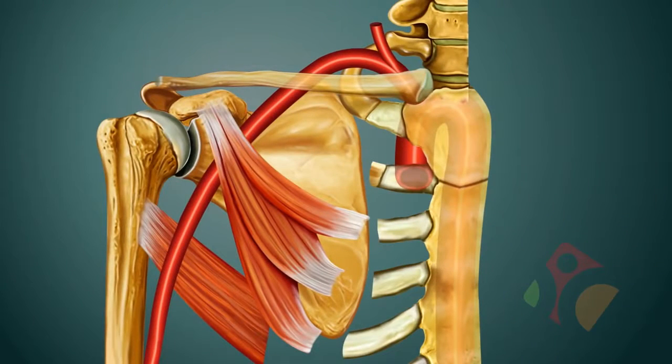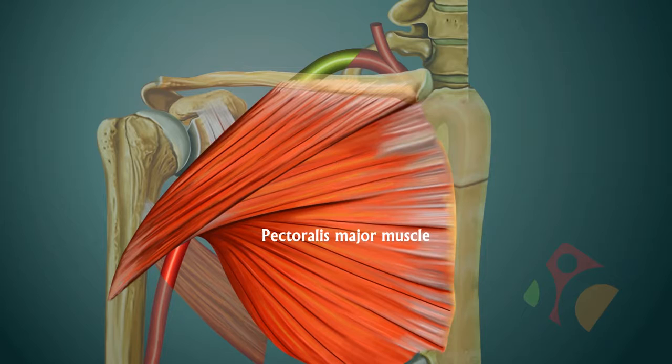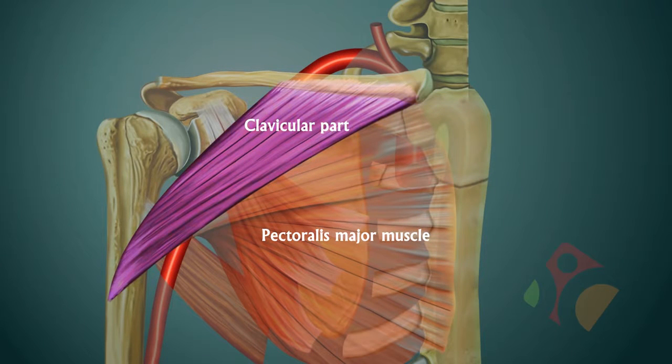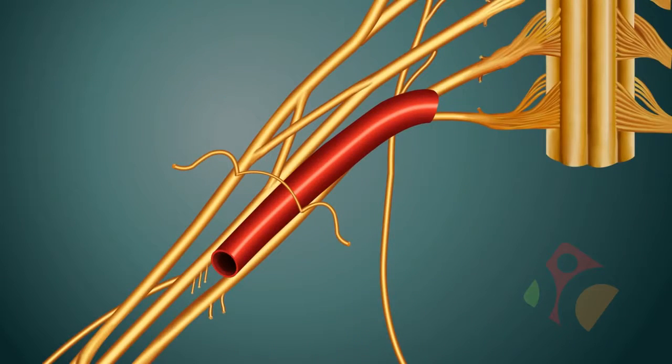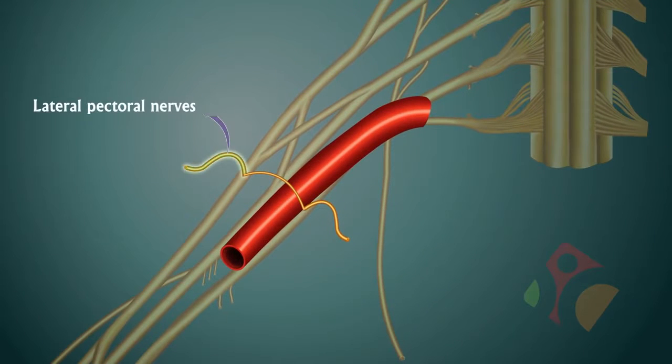Now let us see the relations of each part of the axillary artery in detail. First, let us discuss the relations of the first part of the axillary artery. The anterior relations are the clavicular part of the pectoralis major muscle, and the loop of nerves communicating between the lateral and the medial pectoral nerves.